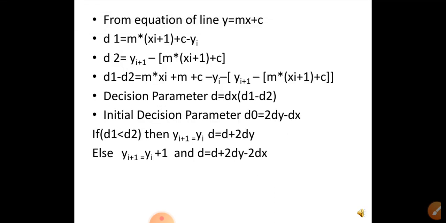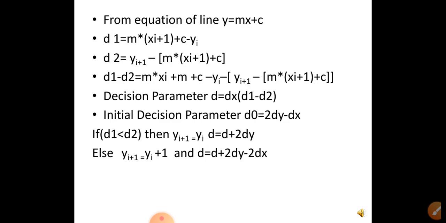So, from the given condition, what is the value of D1? D1 is nothing but the distance of lower pixel from actual line path. On the actual line path, y equals mx plus c. For the next point we have an x coordinate of xi plus 1, so y equals m(xi plus 1) plus c, and D1 is that minus yi.